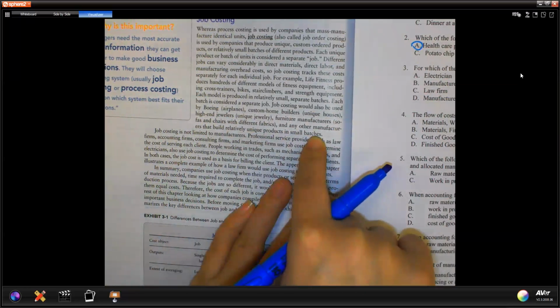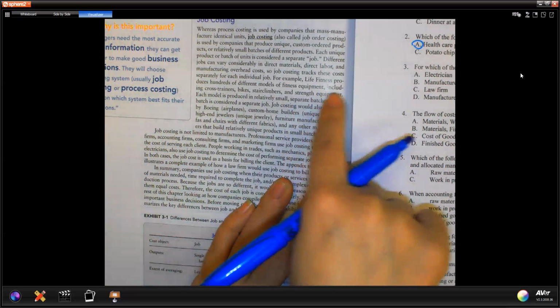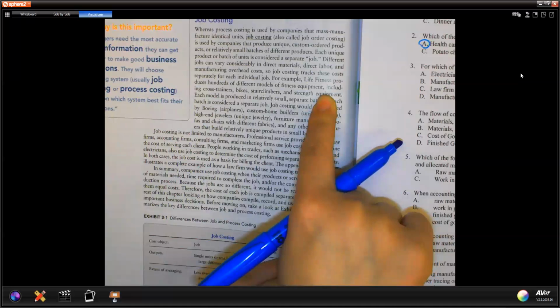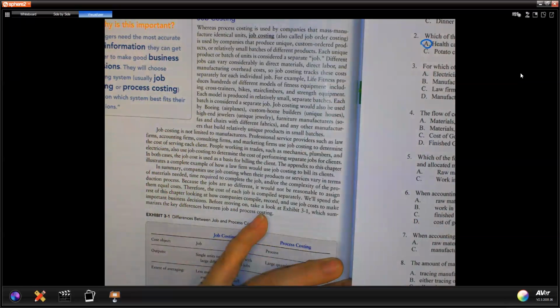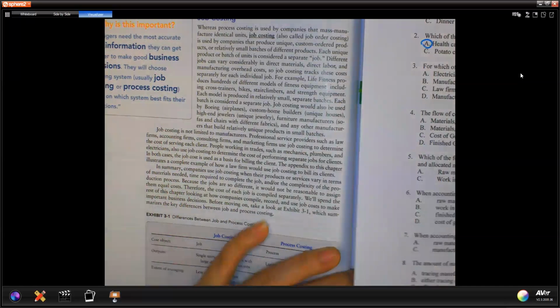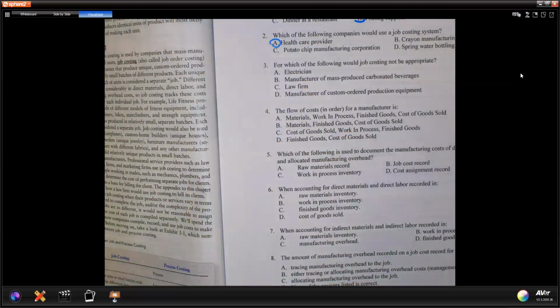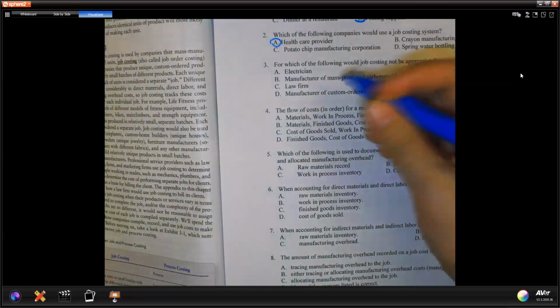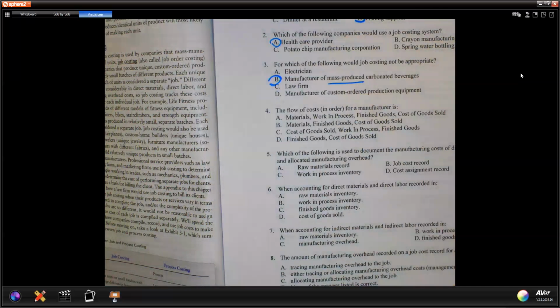They also talked about service here. Sorry, I found it later for you. The electrician is for job costing, and then law firm, manufacture customer order. So mass product is process costing. So the answer is B.